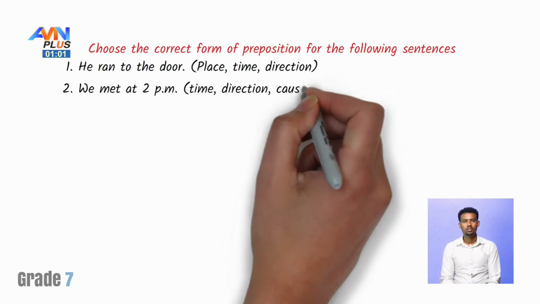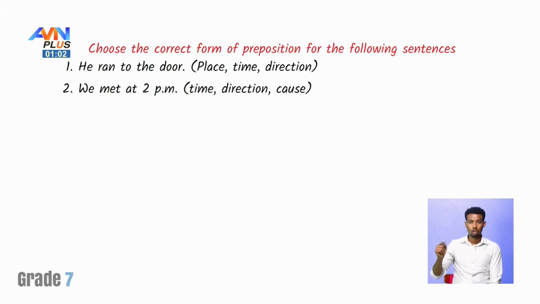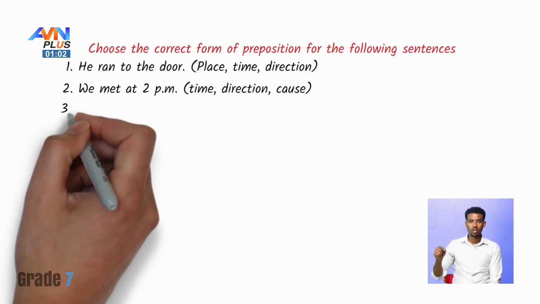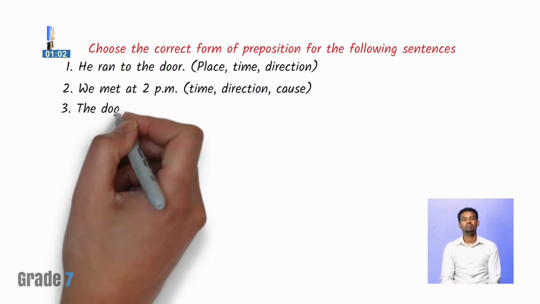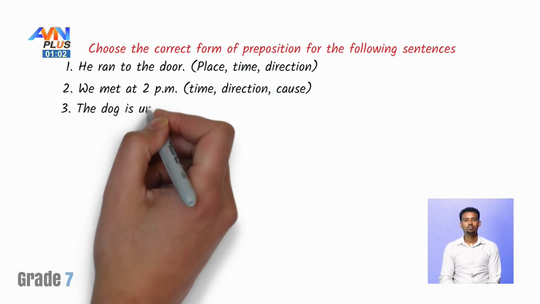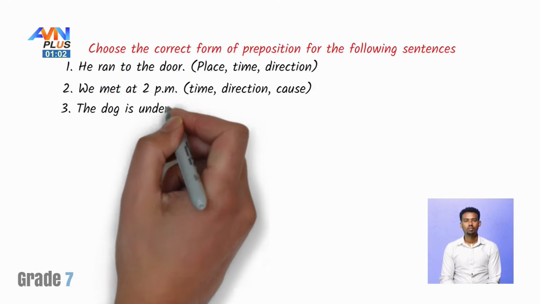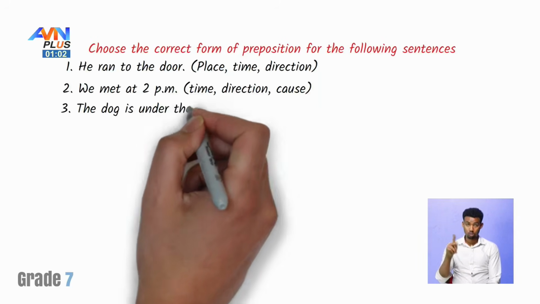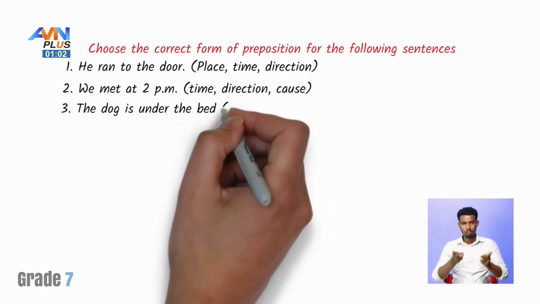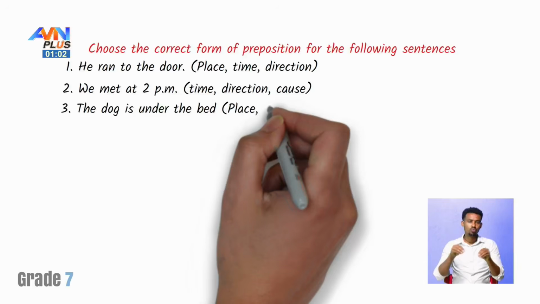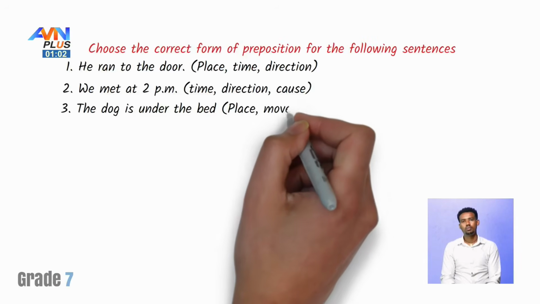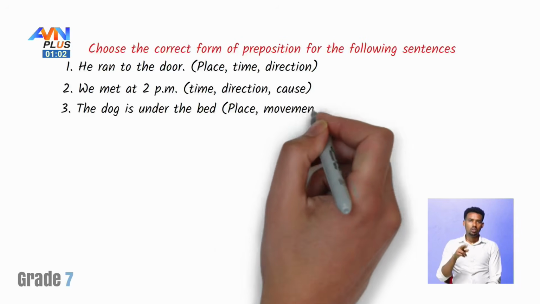Number 3, the dog is under the bed. Is it a preposition of place? Is it preposition of movement or cause?